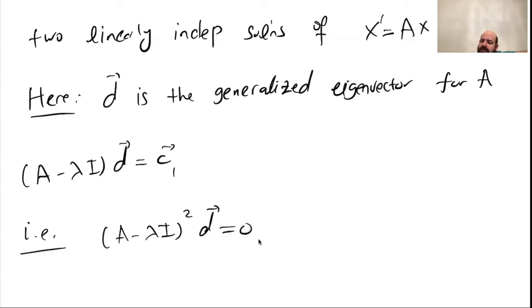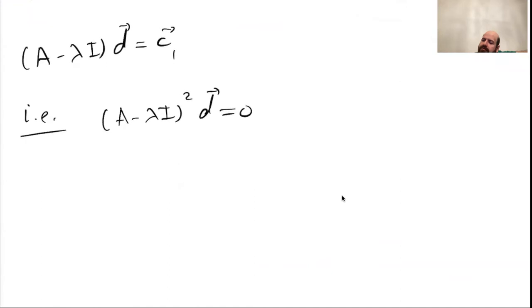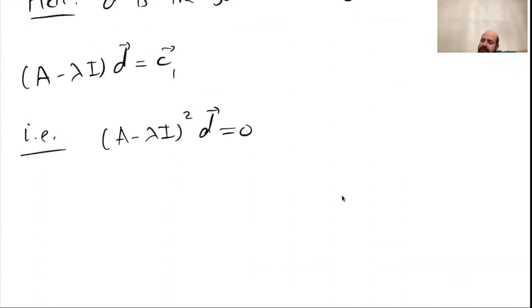So once you have the generalized eigenvector d, then you can construct your two linearly independent solutions as C1 e to power lambda t and C1 t e to power lambda t plus e to power lambda t times d. So this is in the case of having a repeated eigenvalue.